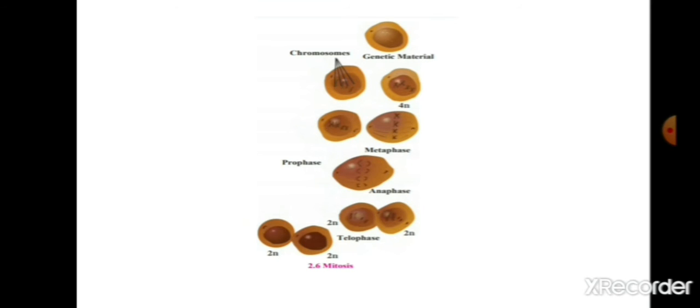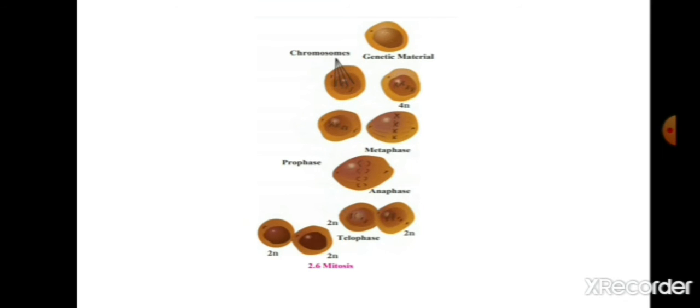Those 2 steps are karyokinesis, that is the nuclear division, and cytokinesis, that is the cytoplasmic division. Karyokinesis is completed through 4 steps that I told you: prophase, metaphase, anaphase and telophase. Now let us go through the 4 phases.